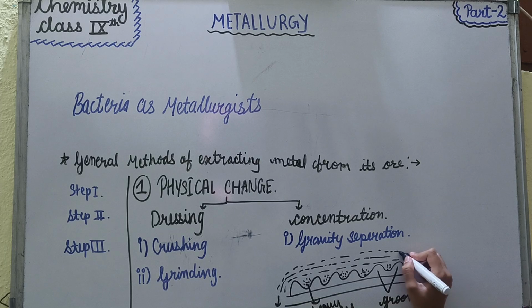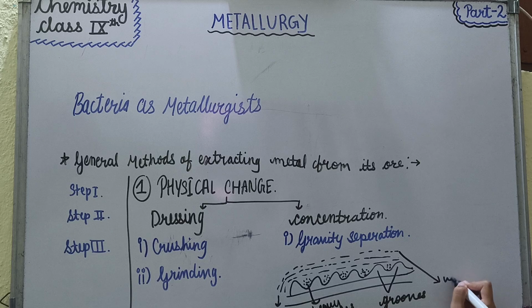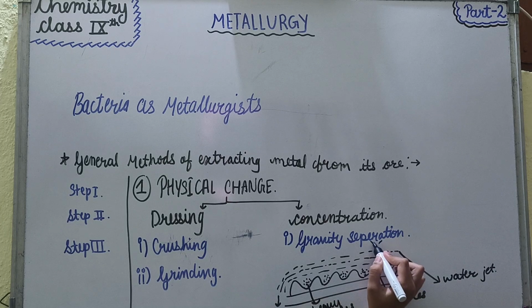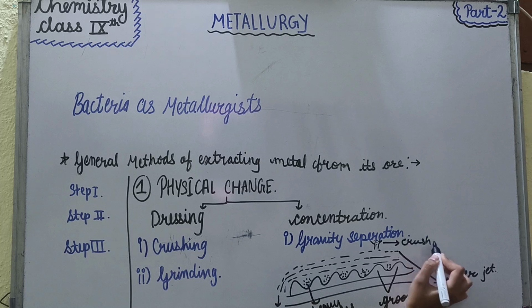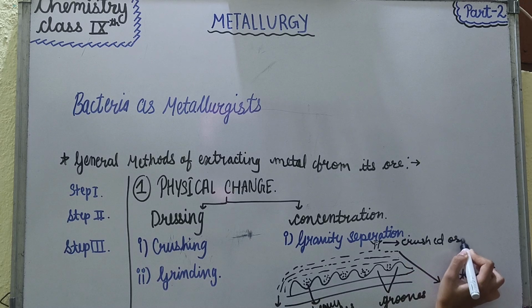This is the water jet. And it is crushed ore. We observe over here that the lighter impurities are washed away, leaving behind ore particles in these grooves.